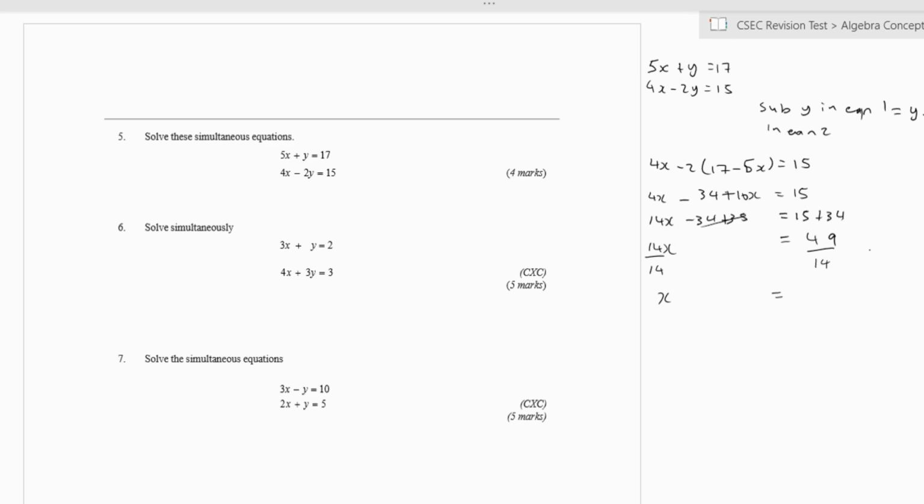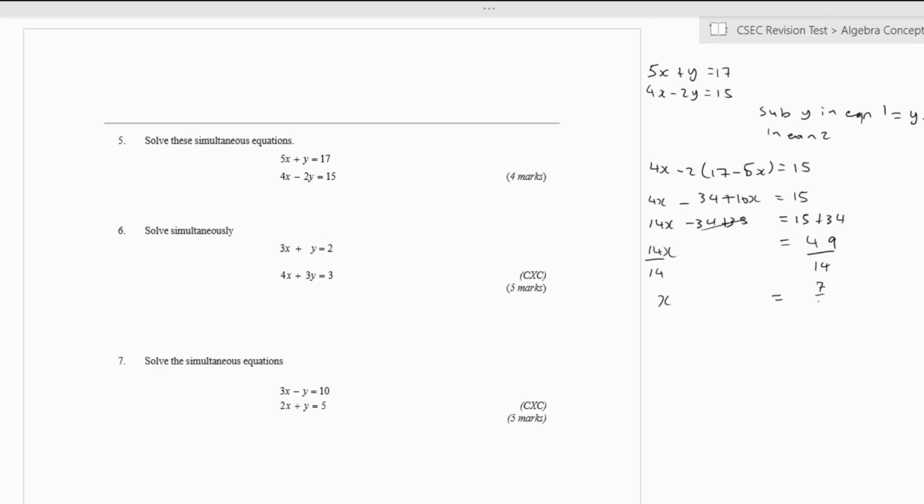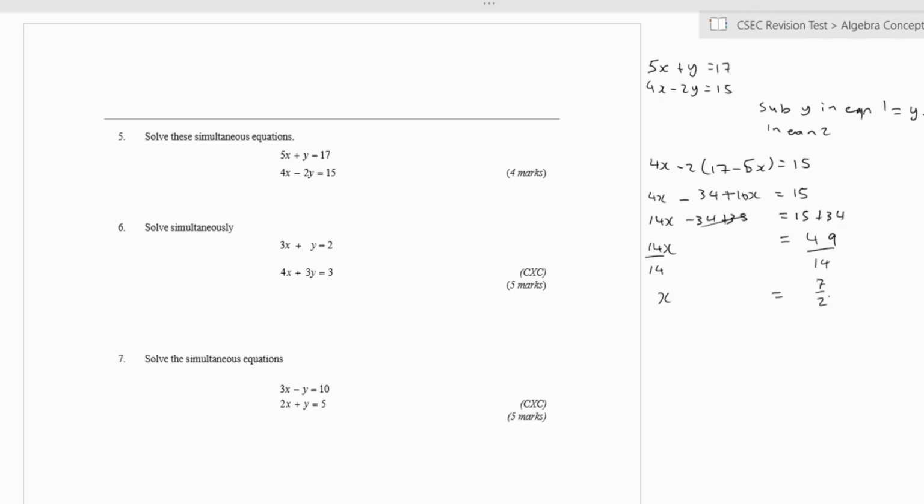By 7, it will be 7 over 2, or divided by 14, 3.5. Let's work with our 3.5. So x is equal to 3.5. Now we can substitute this.